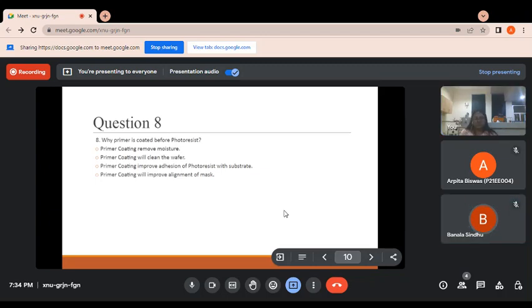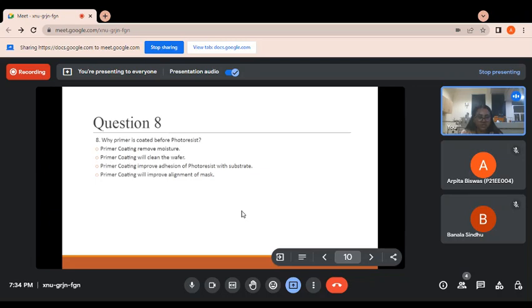First option, ma'am. No, actually, for removing the moisture, we can bake directly. We can bake the substrate, then the moisture will go out from the substrate or the device. So the coating is not the reason to remove the moisture.